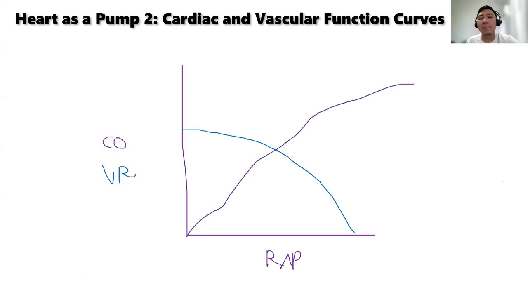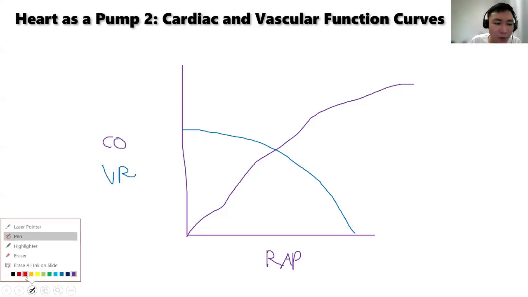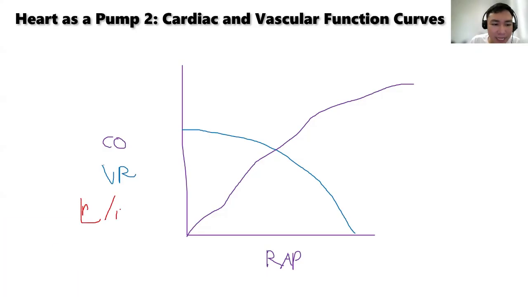It's possible to put both variables on the y-axis because they have the same units, liters per minute. Cardiac output is how much blood the heart pumps in liters per minute. Venous return is how many liters of blood are being returned to the right atrium.